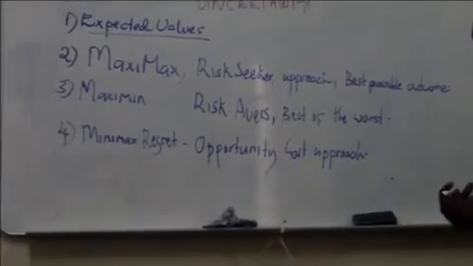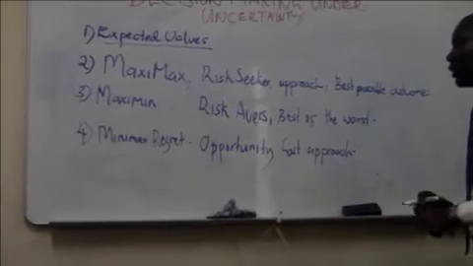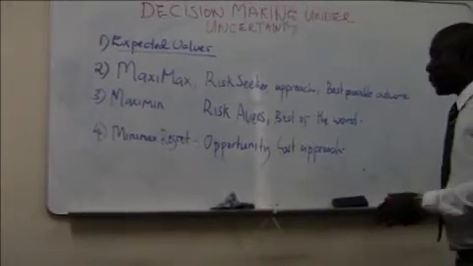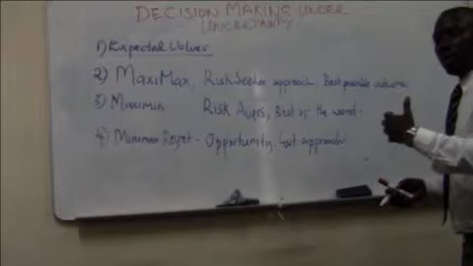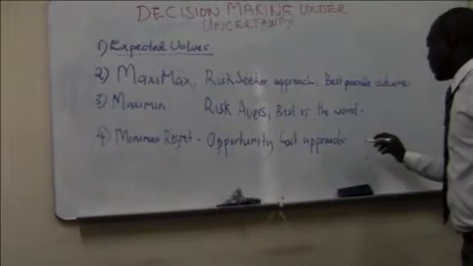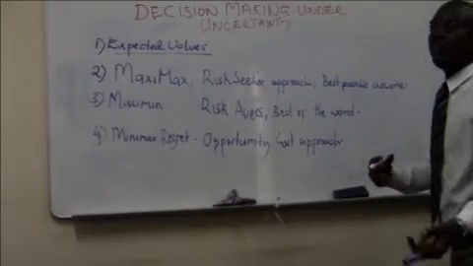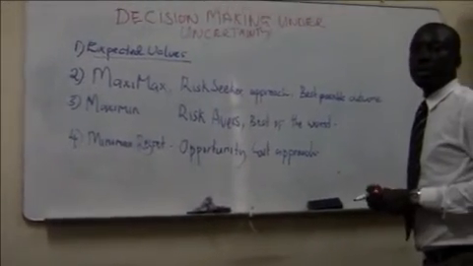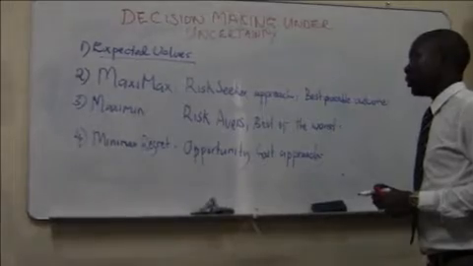You're not necessarily looking at individual results when you're looking at the minimax regret. You're looking at the result of picking one against the other. Therefore, you're going to look at what you've picked against what you could have picked, and the difference would be your opportunity cost. That is the minimax regret.